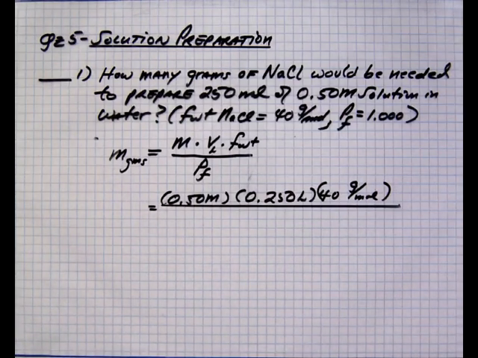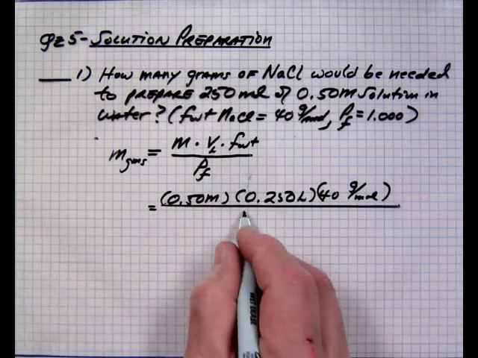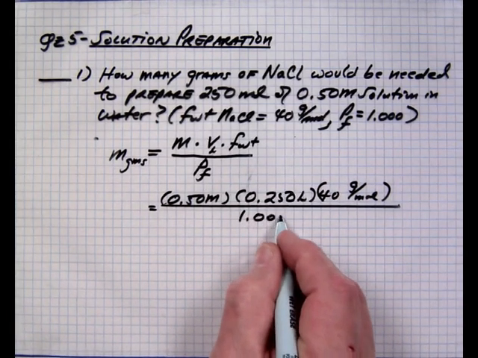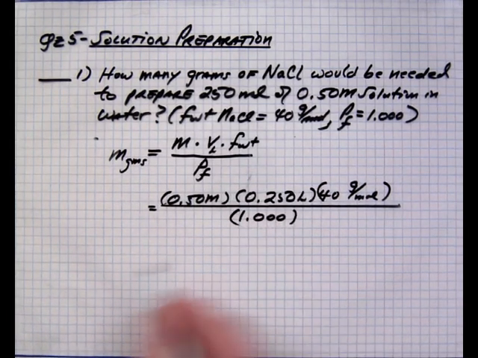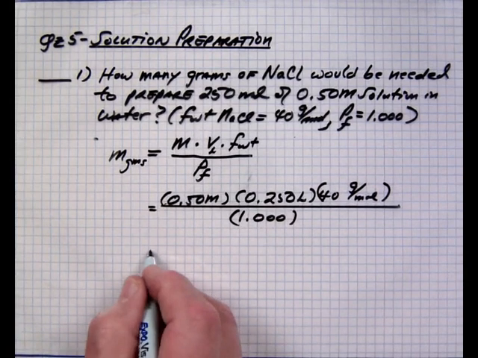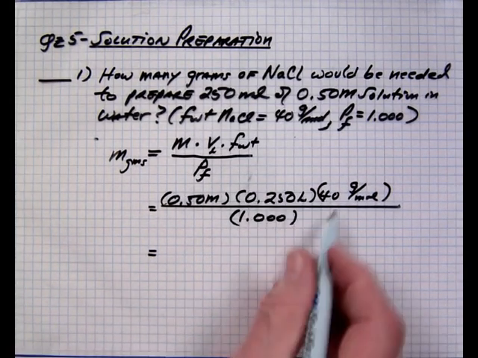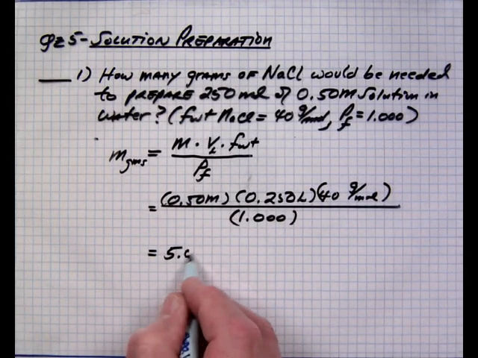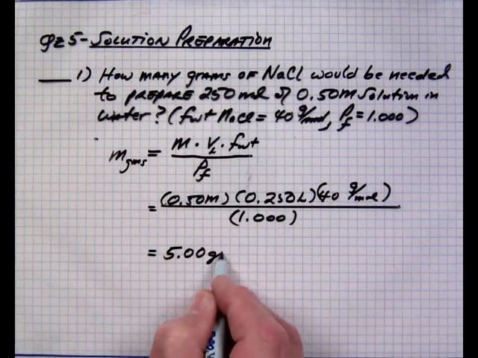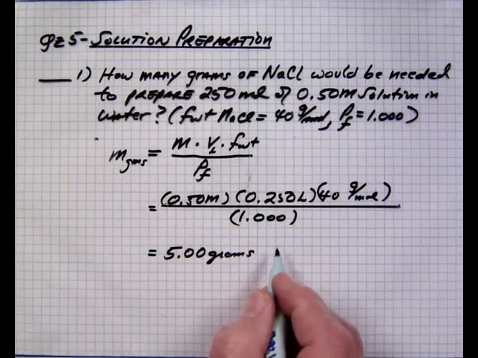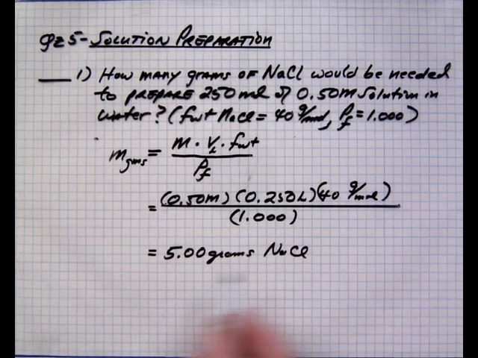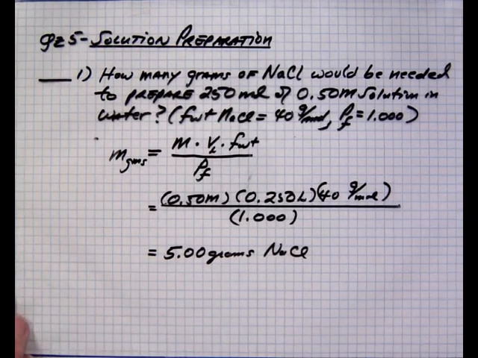And that's divided by the purity factor of 1.000. No units on the purity factor, it's 100% pure. This gives us 5.0 grams NaCl. Okay.